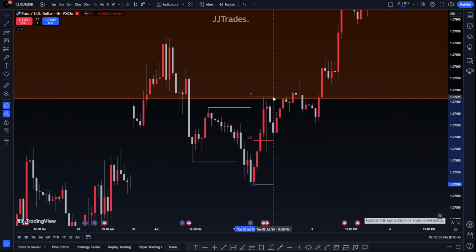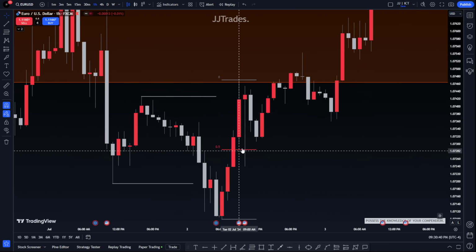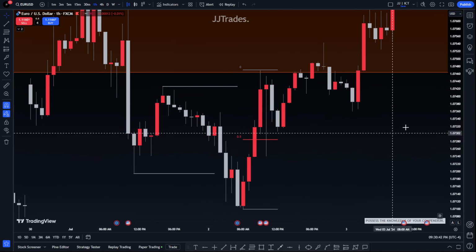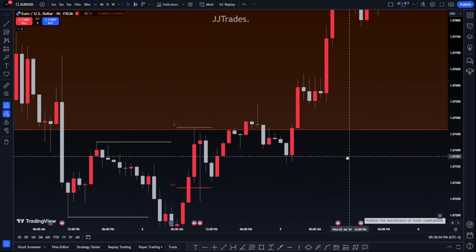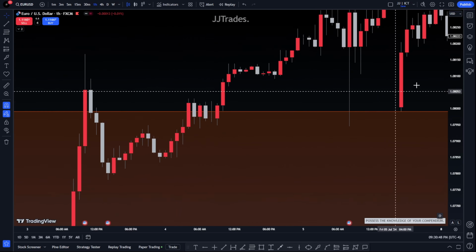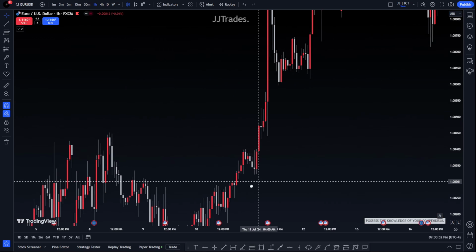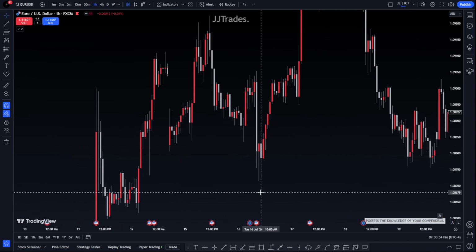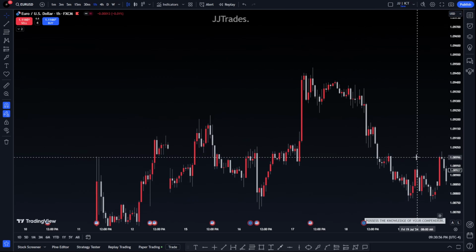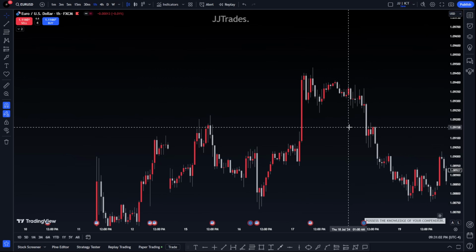You drag it out. Price comes into an equilibrium and respects the equilibrium. And boom. And boom. It's pretty cool, isn't it? It really is cool, if I say so myself.